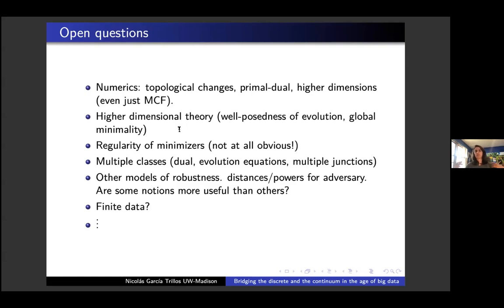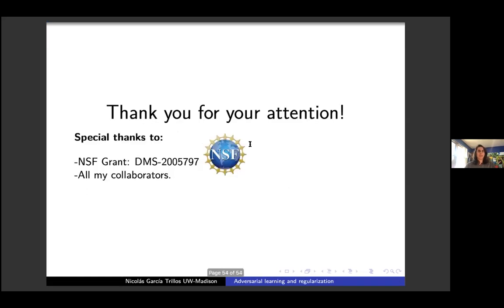But of course, if you have finite data, what can you do? And what you do will resemble what you do when you have infinite data. So there's some consistency question there. There are some directions that we're exploring, but it's still in general an open problem what to do with finite data. Okay, so that's my talk.